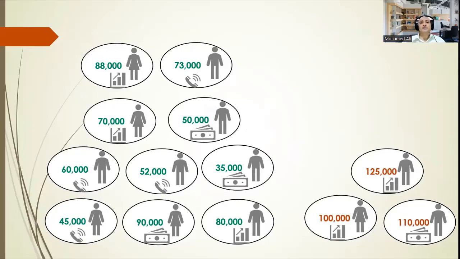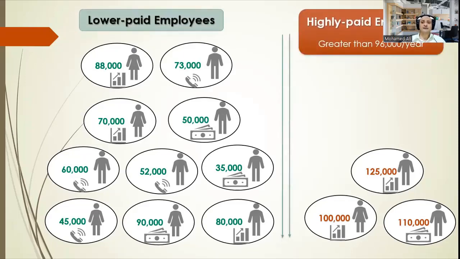So if we took $96,000 as a threshold, we have highly paid employees to the right who receive $96,000 or above, and lower paid employees to the left.